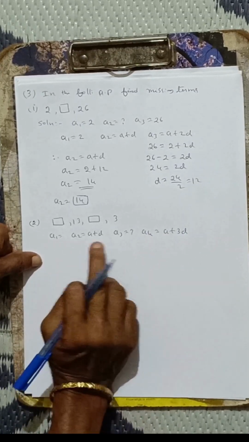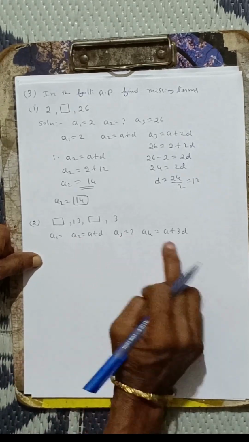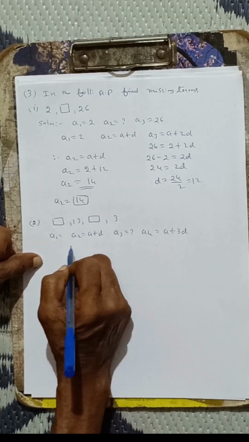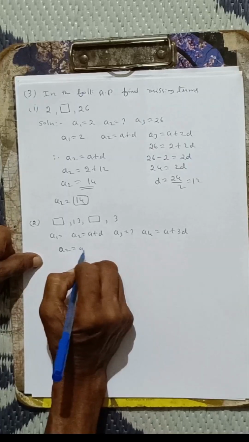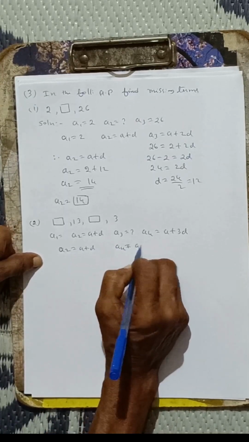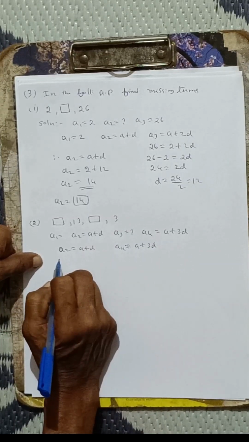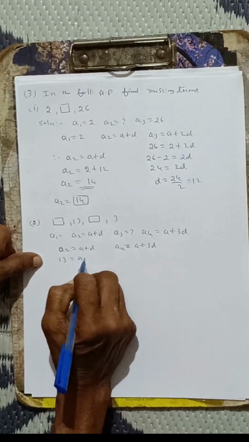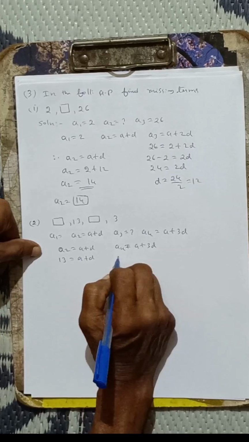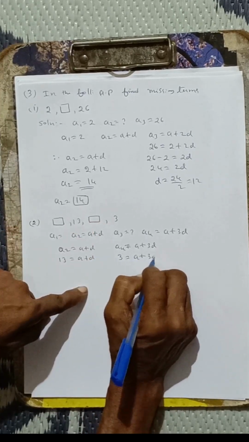The first term is not given, second term a2 equal to a plus d, third term a3 is not given, fourth term a4 equal to a plus 3d. So first we take a2 equal to a plus d and a4 equal to a plus 3d. Here a2 is 13 equal to a plus d, and a4, the fourth term, is 3 equal to a plus 3d.